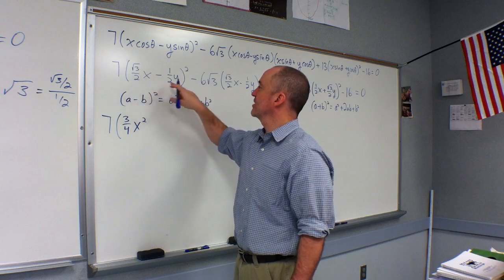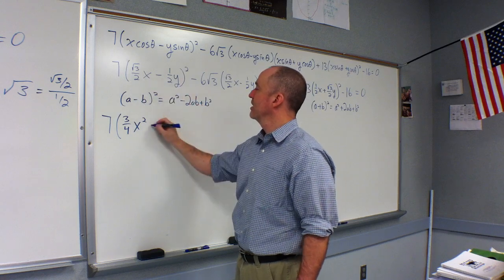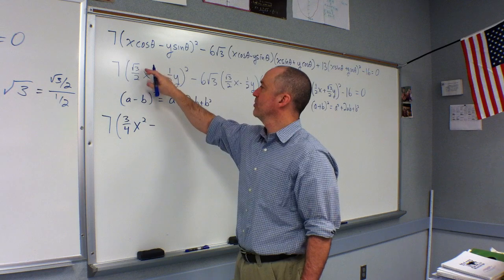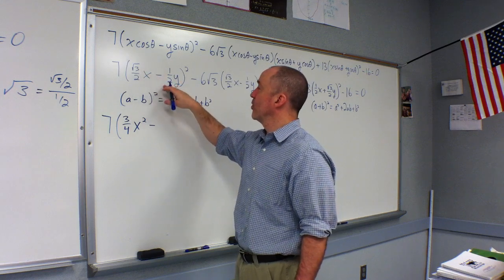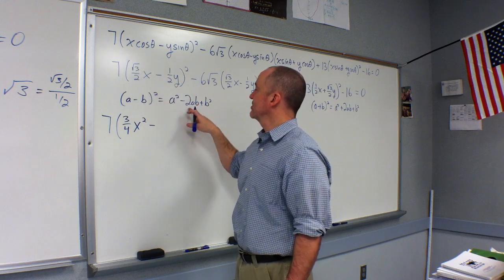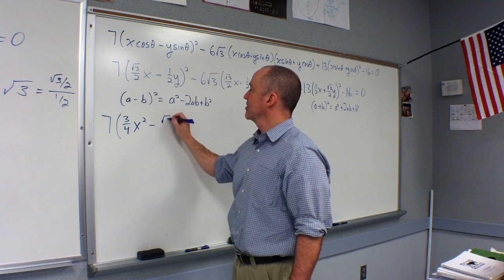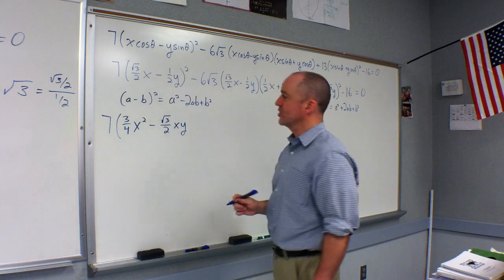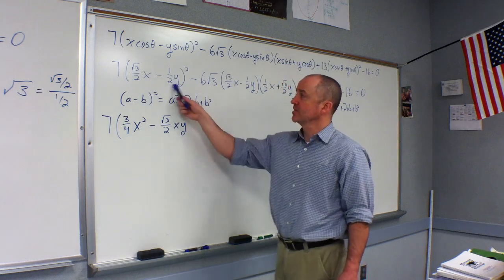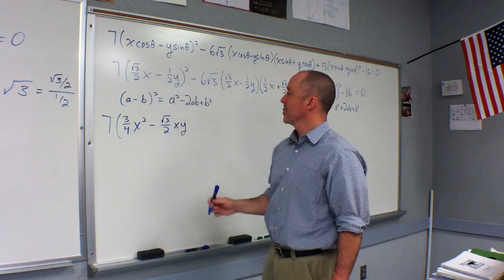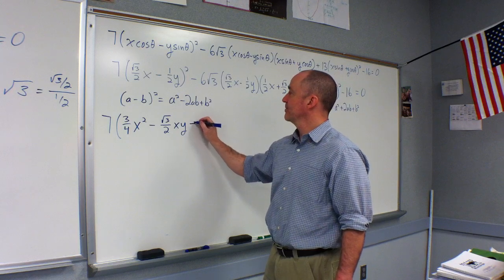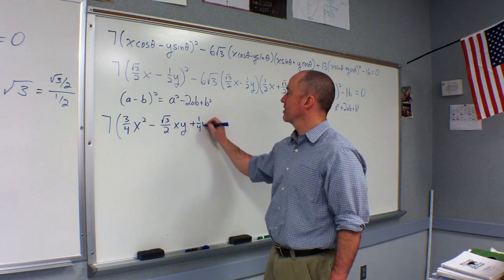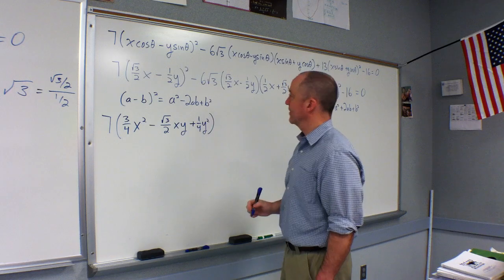Root 3 over 2x times 1/2 y would be root 3 over 4xy. That always gets doubled in this pattern. So that's root 3 over 2xy. It's what you should get if you FOIL it. Multiply these together, double them. B squared plus 1/4 y squared.